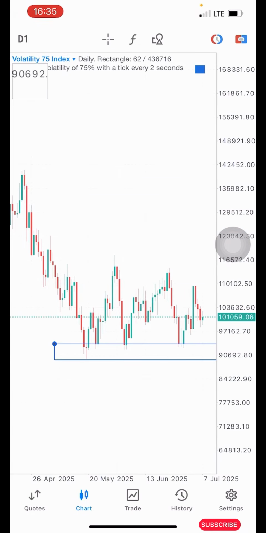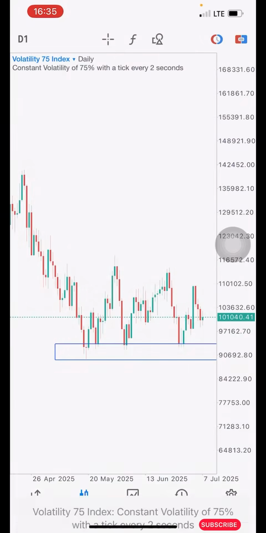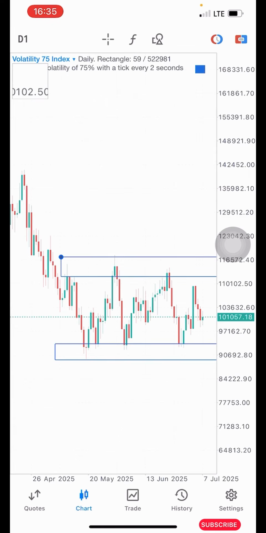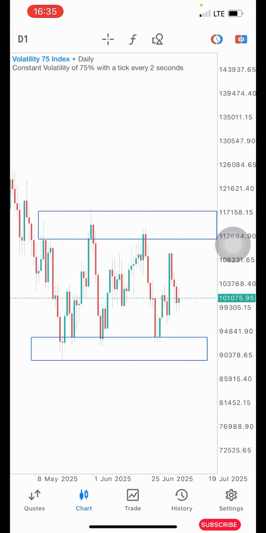I can find a support here, and also I can find resistance here too. The market is going up and down until it breaks out of this zone. We are in a consolidating market.